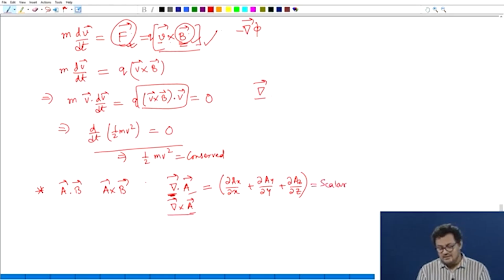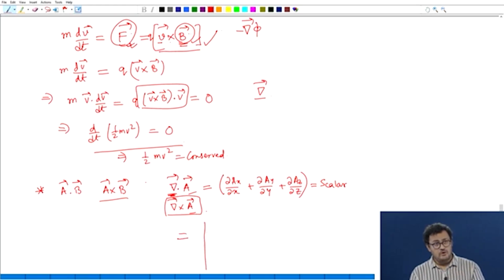On the other hand, this one is tricky, and this one is like a cross product. So, this is a vector. Just as you calculate the cross product between two vectors like a determinant of a matrix, here you can do the same thing: i, j, k, del del x, del del y and del del z.